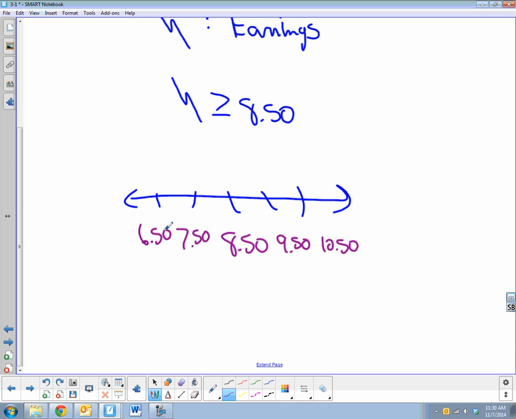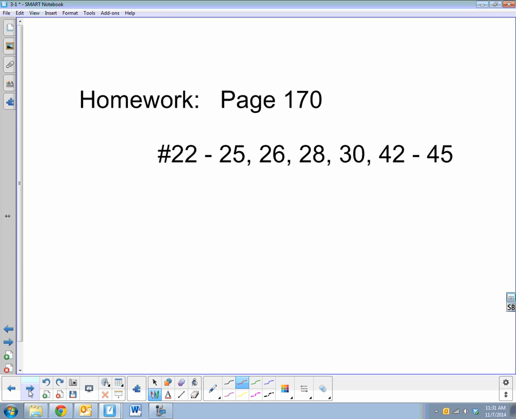If you went up by a penny, that would be fine too, but probably not by 50s. All right, so I've got my numbers written in. Lightning bolt is greater than or equal to $8.50, so anything more than $8.50 is fine, and $8.50 on the dot, a colored in dot, would work as well. Okay. Well, you know what? That's going to be your assignment, and we'll talk in class.